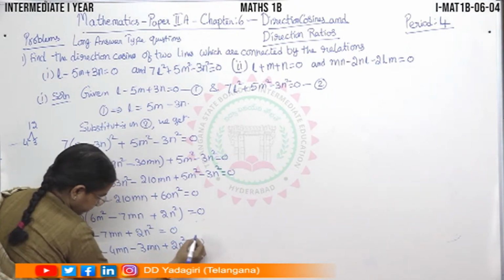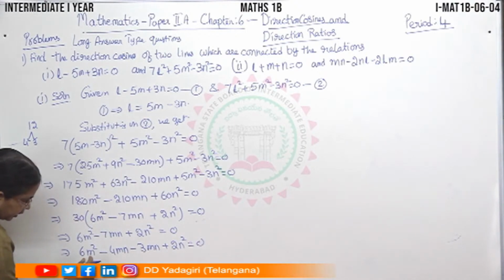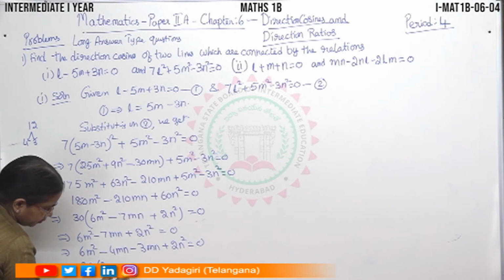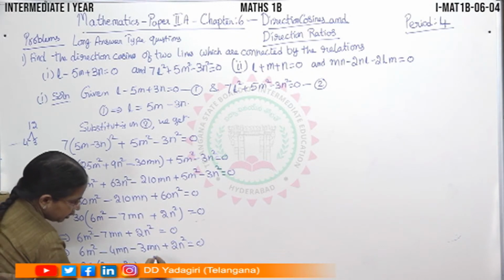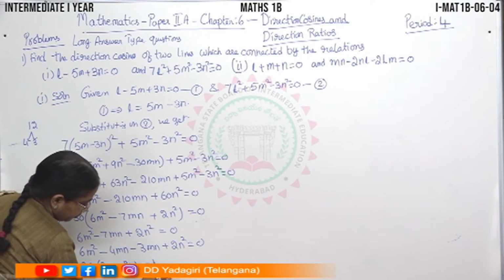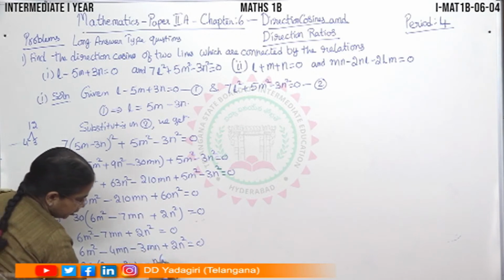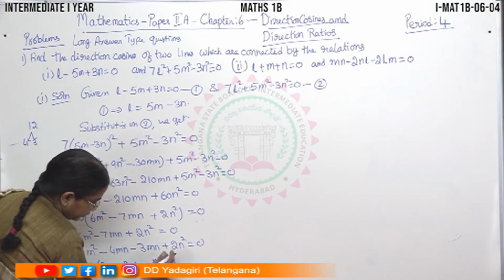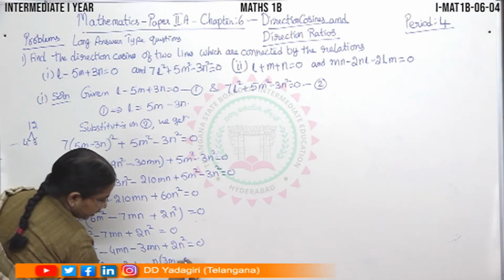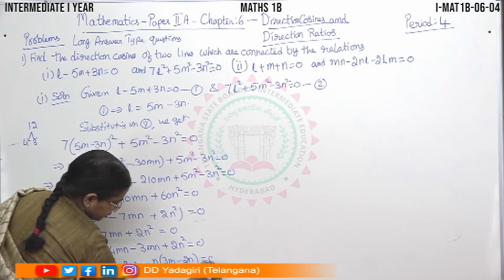Find the factors. You can take 2m common from the first two terms, so 2m into (3m minus 2n). Then here you take n common, minus n common, so it is 3m minus 2n is equal to 0.